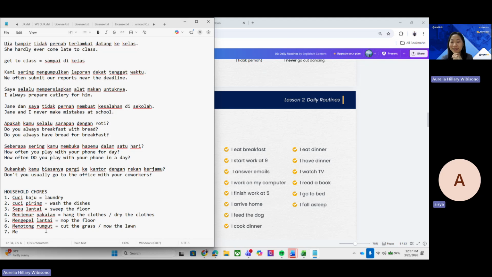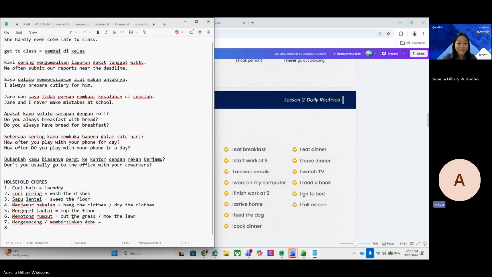How do you say the activity? Membersihkan, mengemocengkan. Or maybe membersihkan debu. Ya, membersihkan debu, betul. So what is it?